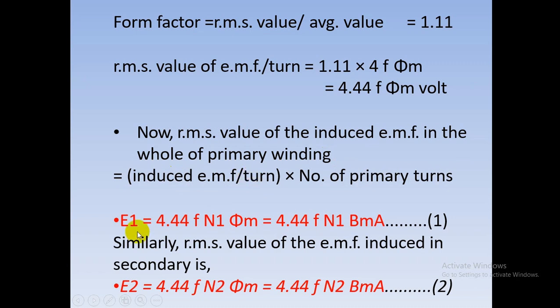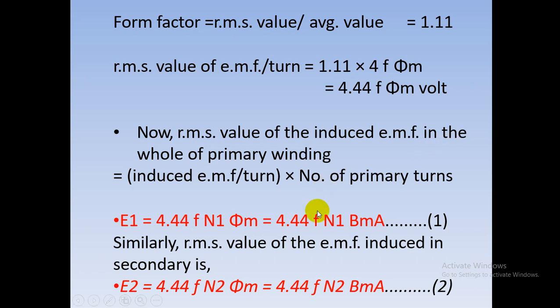So E1 is equal to 4.44 f phi m, which we got initially, multiplied by the number of turns after bringing it to the right side. This is for the primary winding.